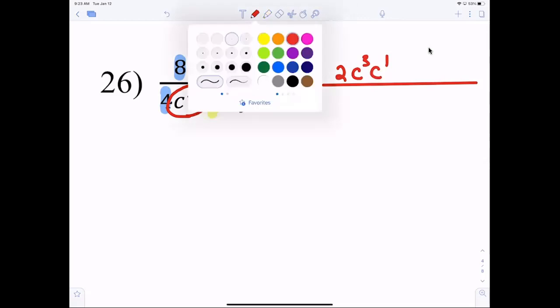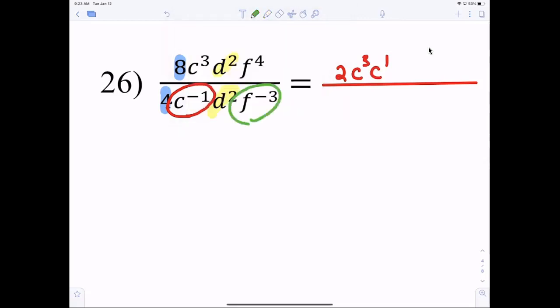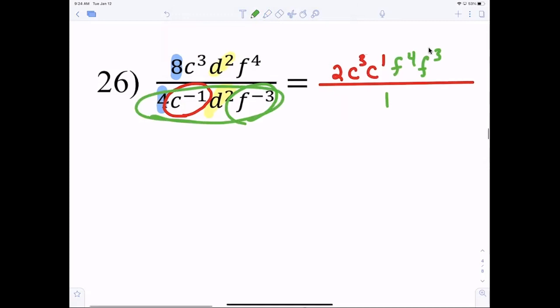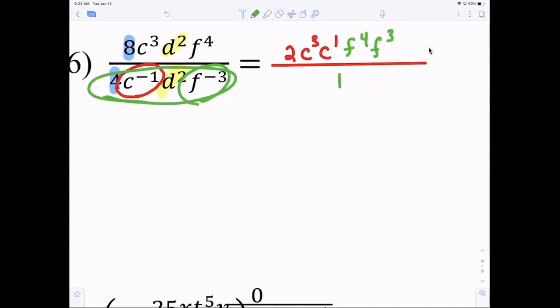Now you're asking me about f to the negative 3. What does that do? You bring it up. There's already 4 up there, and now there's another what? 3 more. Now everything is gone from the bottom. So if you want to put a 1 at the bottom, that's okay, but it's not necessary. All right, now, Emiliana, tell me the final answer now. 2c to the 4th.